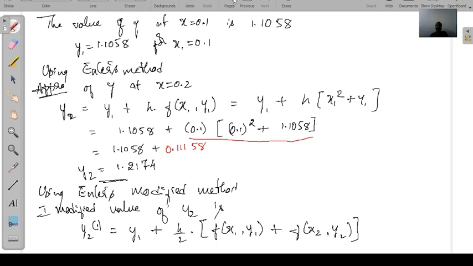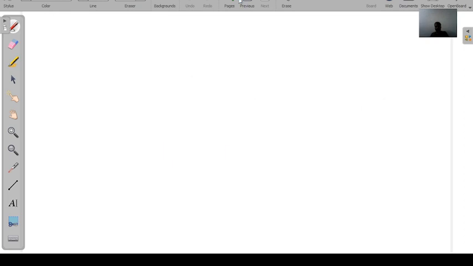So let us take one more fresh page and continue. It is y2 of 1, the first modified value of y2. It is y1 plus h by 2 times x1 square plus y1 plus x2 square plus y2.